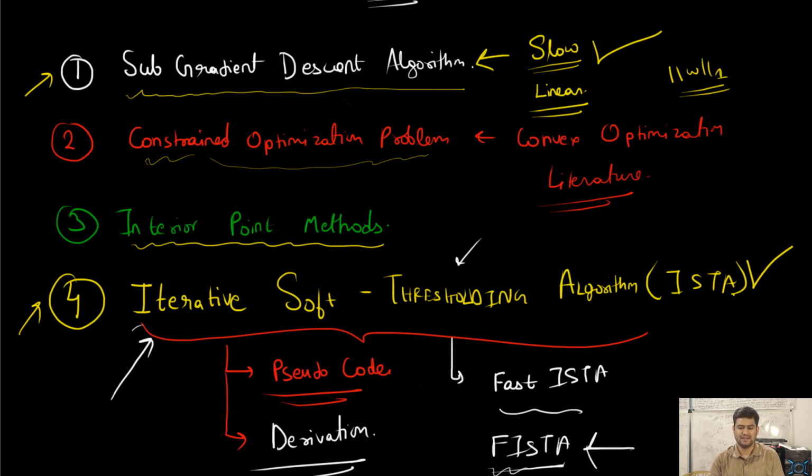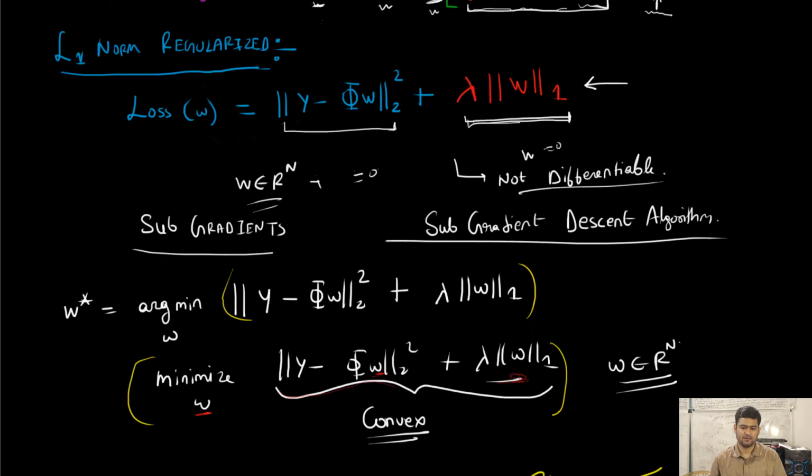So we will see a nice update equation that avoids that inversion and has a nice multiplication of matrices instead of inversion of matrices. So let's see what actually this ISTA algorithm is and how can we derive the update equations for the parameter W to obtain the global minimizer of this loss function.